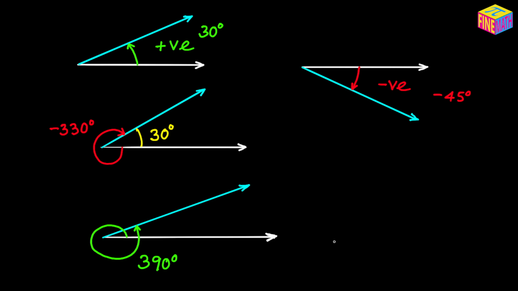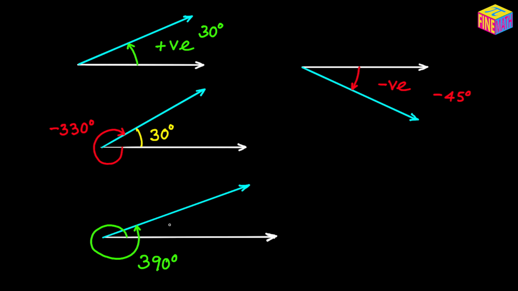Similarly, in the fourth diagram, we have rotated the terminal ray one full complete circle plus a little more, another 30 degree. So one complete circle plus 30 more degree. We have created an angle which is called 390 degree, because 360 degree would be one complete angle plus 30 degree more right here.